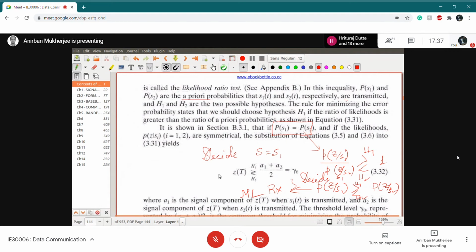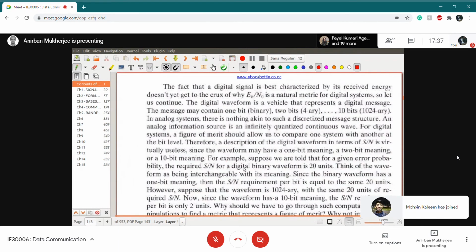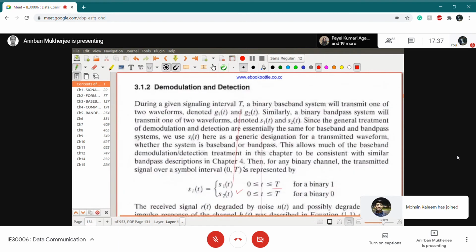If Z(T) is greater than (A1 plus A2) by 2, which I am just calling gamma 0, decide S equal to S1, otherwise decide the other symbol. What is Z(T)?